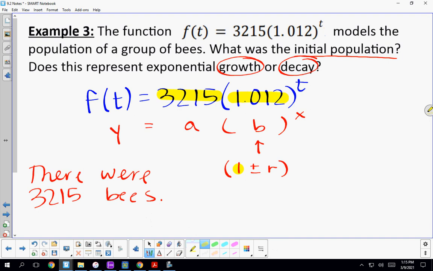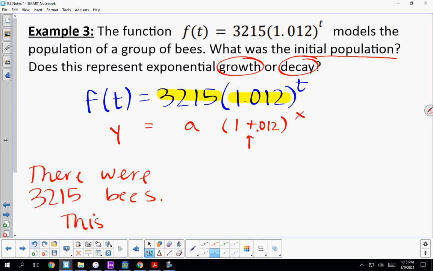And if we look at this value, because this is greater than 1, we know that originally here in the parentheses, we had to have had 1 plus some rate, or in this case specifically 1 plus 0.012. So since it went up, this represents exponential growth.